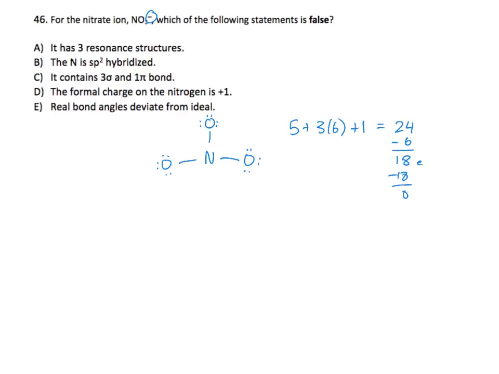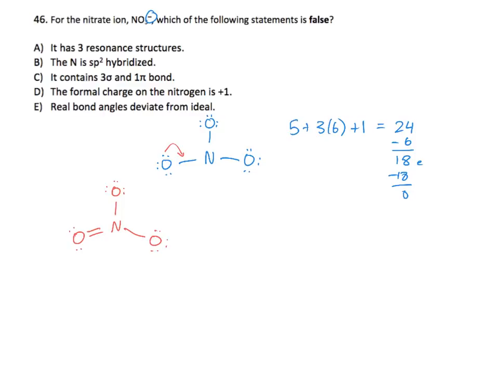We can use any one of those oxygens to make the multiple bond. So if we use the left-hand oxygen to make the multiple bond, which would bring the electrons down to like there, we would get 0, 0. Oxygen, double bond, nitrogen. The other oxygens remain the same, and that oxygen now has 2 left.